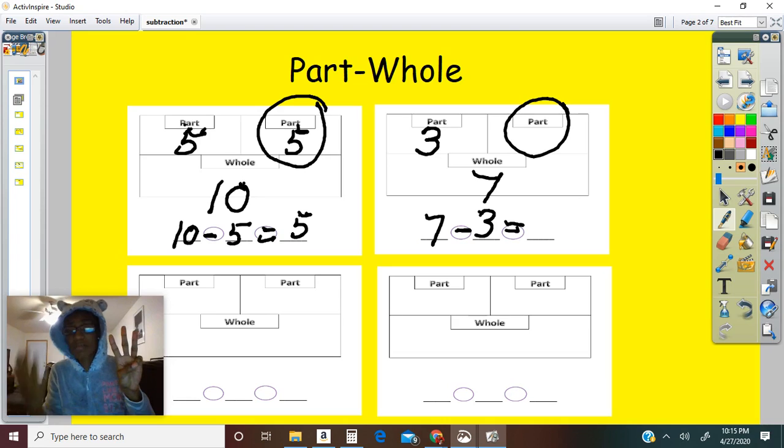Let's count on this hand our second part. 4, 5, 6, 7. We've gotten to our whole. And what was the other part that I added to my 3? You got it. 4. 1, 2, 3, 4. Let's plug it into our part and make our answer.